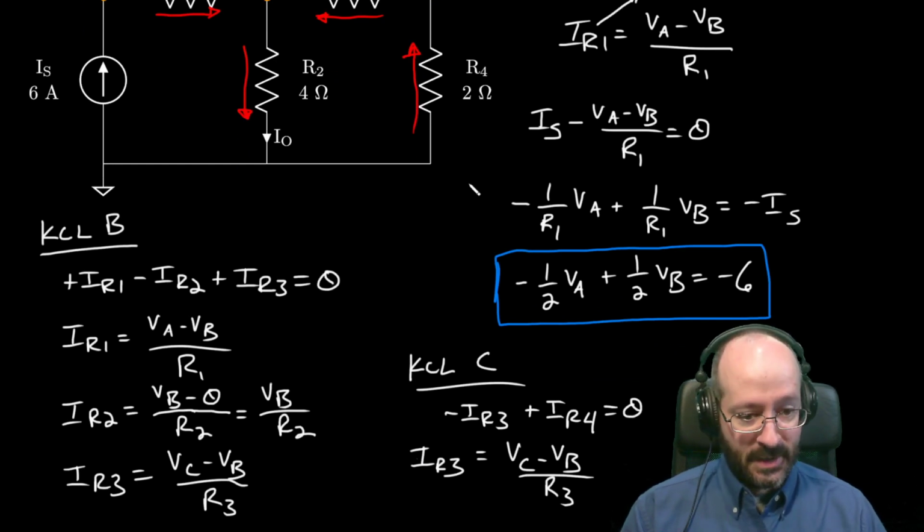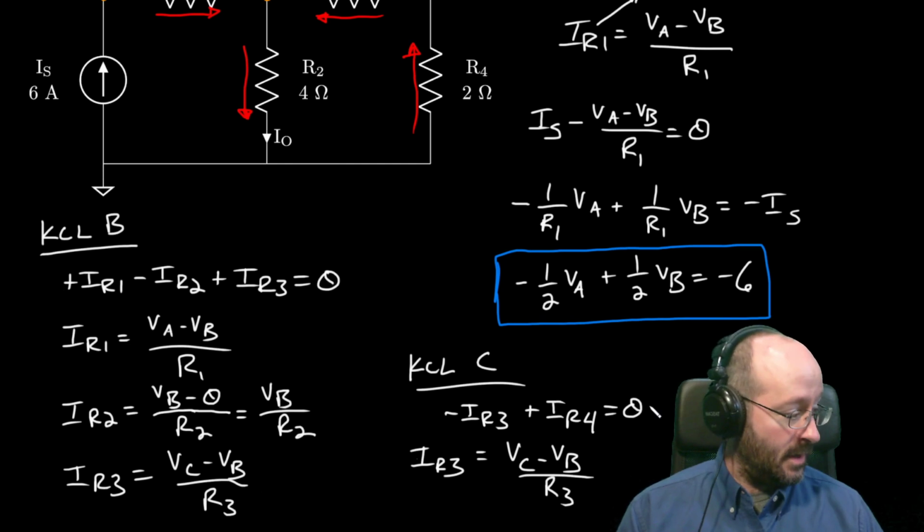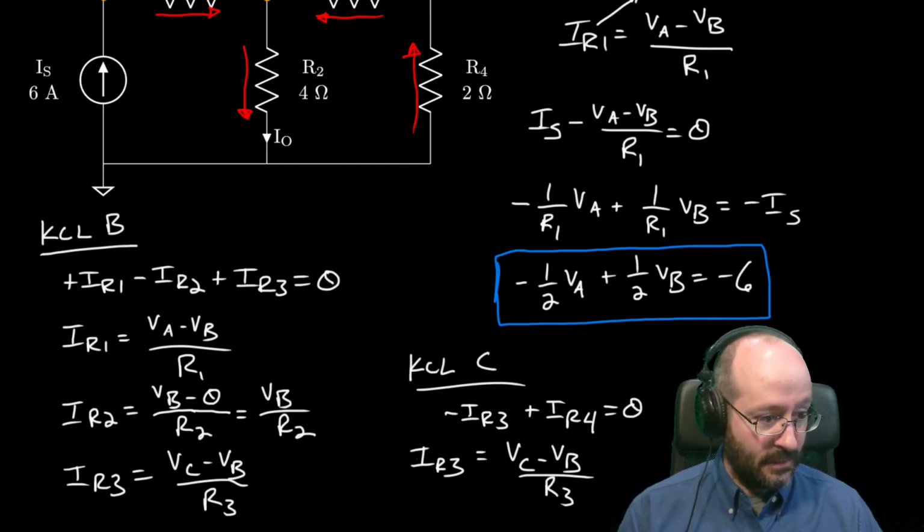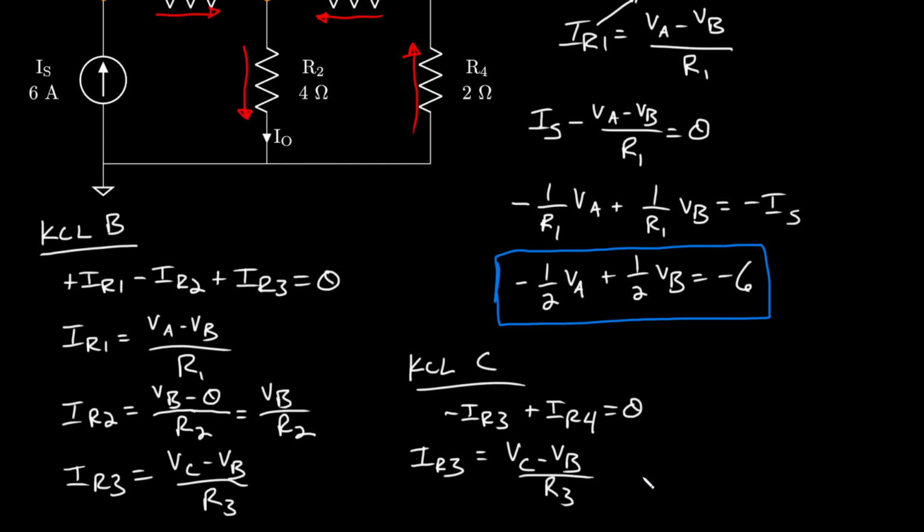And then over here we're going to have IR4, and I am going to write that behind myself, so let me disappear. IR4 is equal to 0, because the arrow's going up now, so the voltage at the tail is 0, minus the voltage at the tip, which is VC over R4. So that would be negative VC over R4.